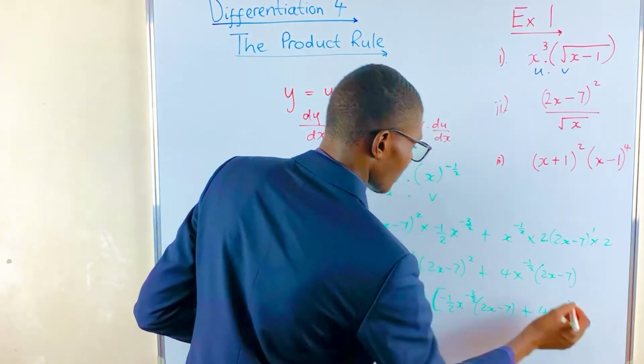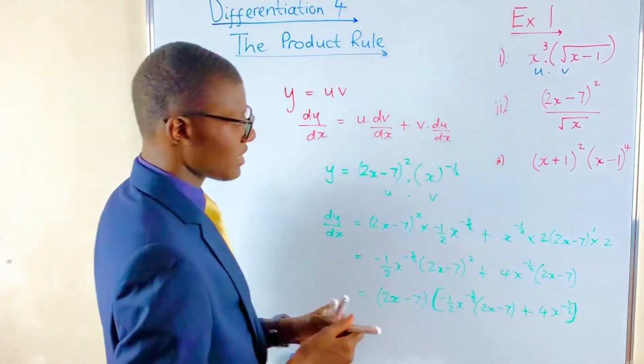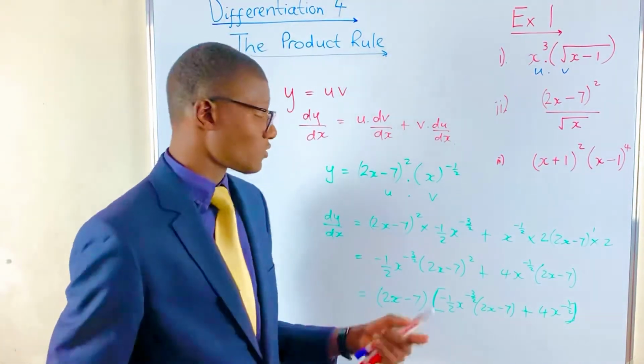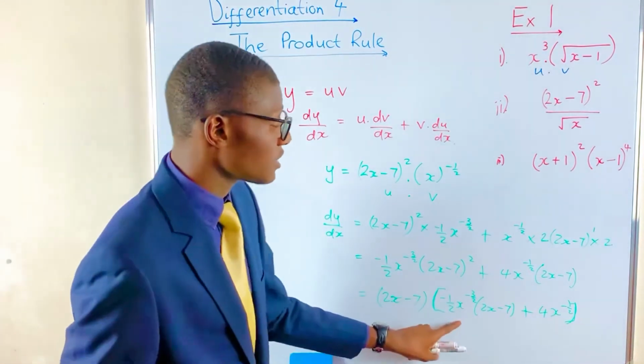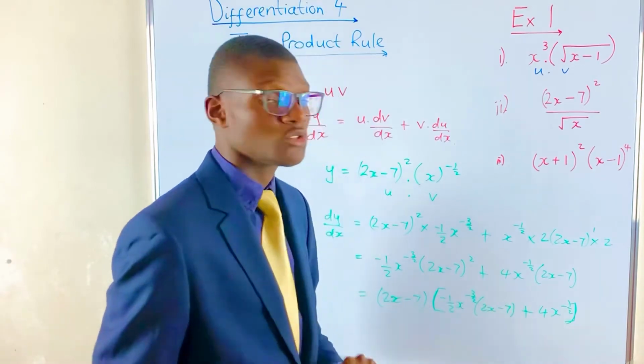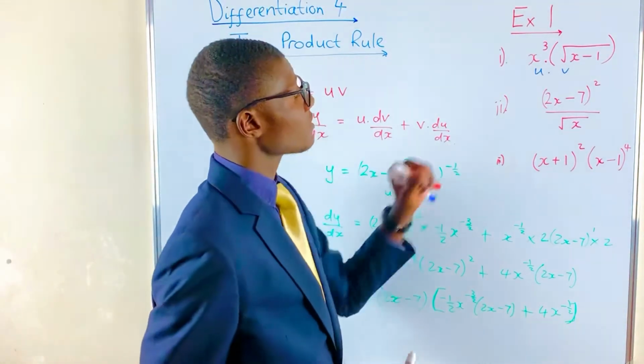Square bracket for that. And of course, if you want, you can go on further to simplify by putting this x to the power of minus 3 over 2 in the denominator, and as well x to the power of 1 over 2 in the denominator. So now this was for that example.